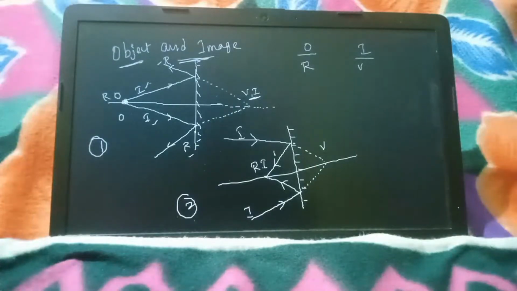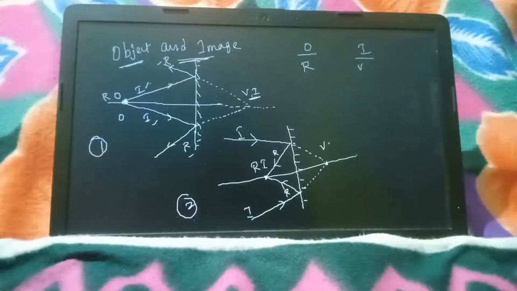After reflection, those light rays will meet at one point on the principal axis. The incident rays we are extending are meeting at one point on the principal axis.